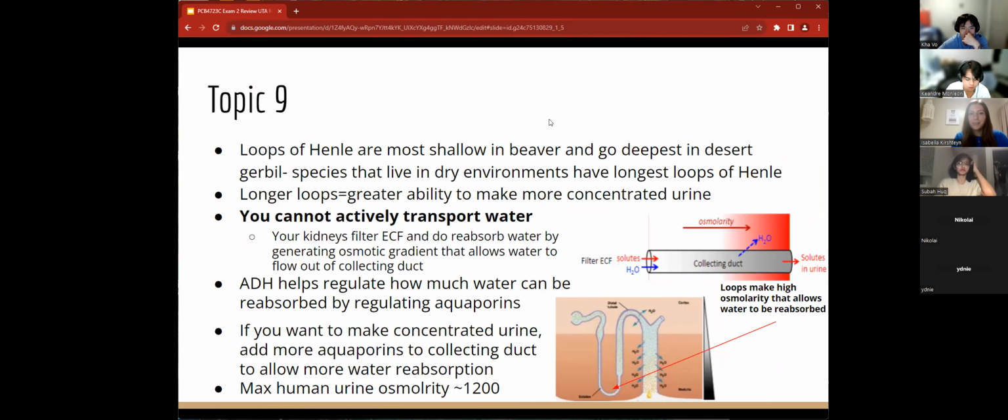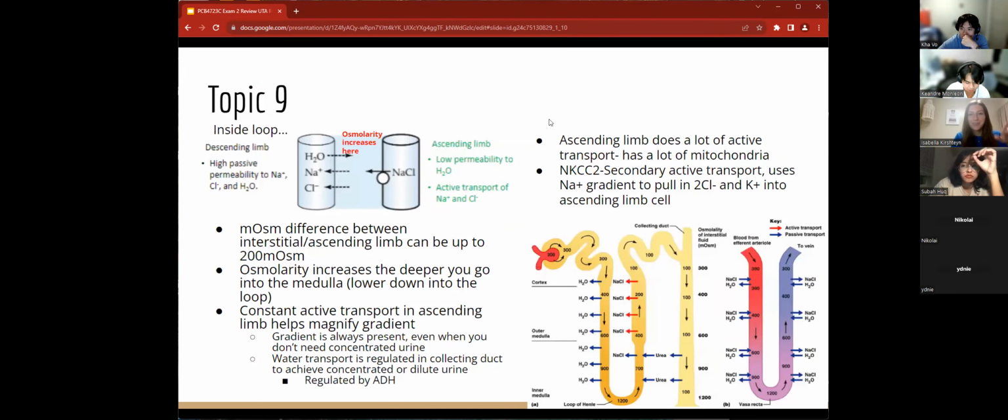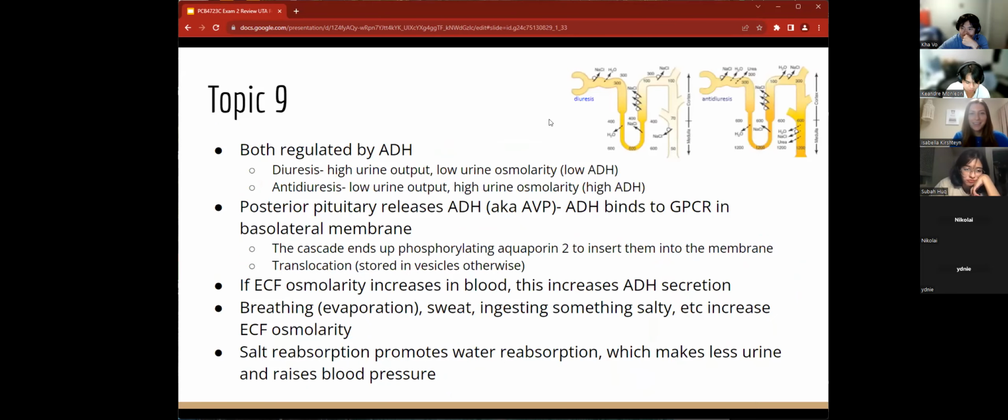Okay. So here, can whoever's controlling go one more slide. So each part of the kidney tubules. Basically, the main thing that's changing in your urine concentration isn't so much what's in each part of the kidney tubules.